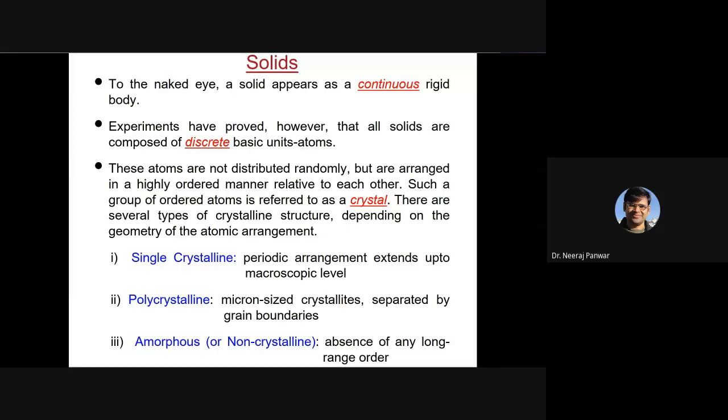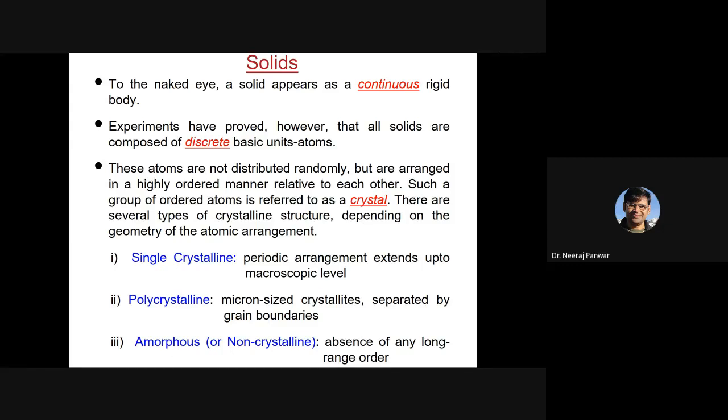When the solid is viewed at the microscopic or nano level, these atoms are arranged in a highly ordered manner with respect to each other. Such a group of ordered atoms is referred to as a crystal. And there are several types of crystalline structure depending on the geometry of the atomic arrangement.